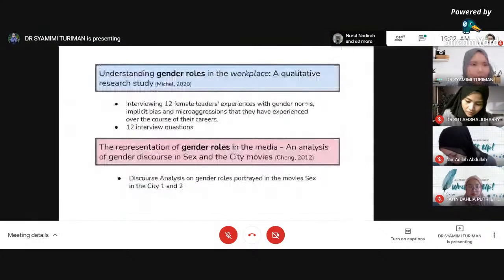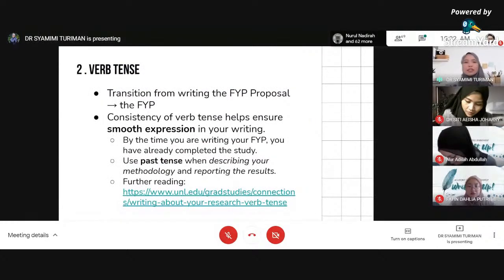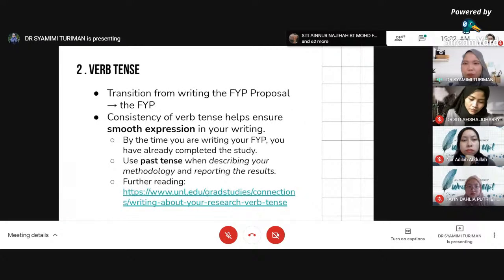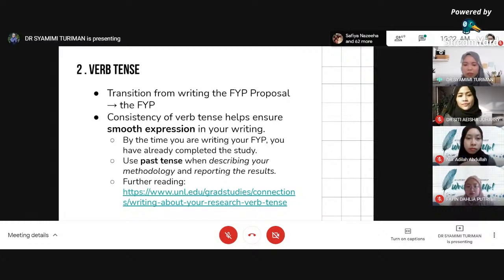Okay, moving on to the second issue here. What makes a good FYP would be verb tense. Dr. Aisha previously has discussed academic writing, so this would be one of the things that I find based on experience.